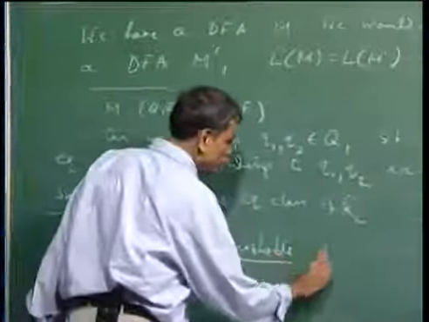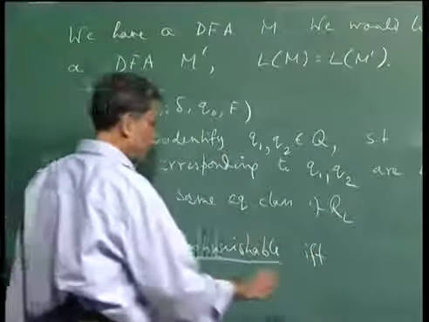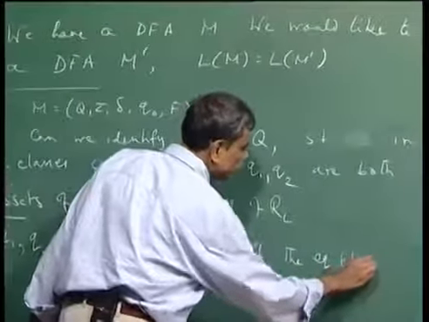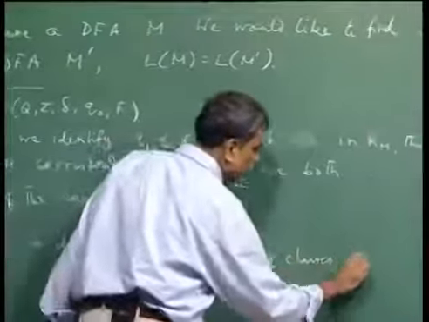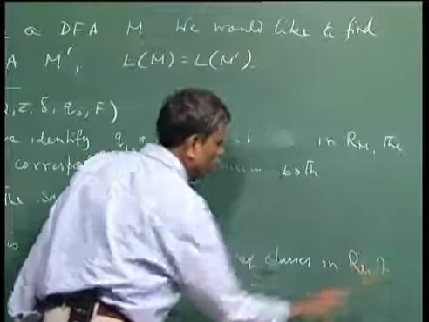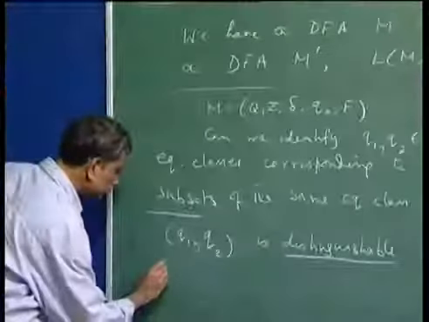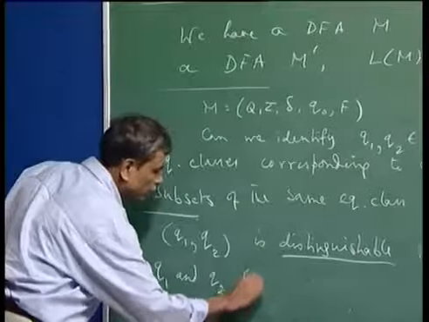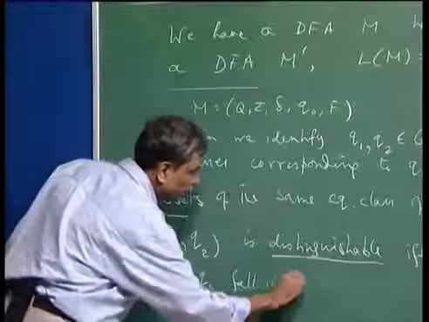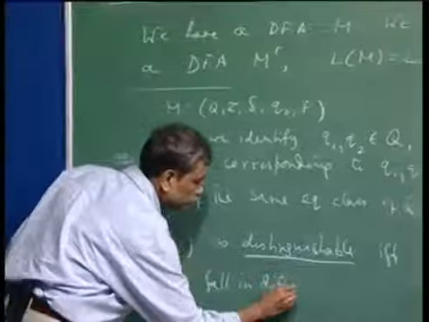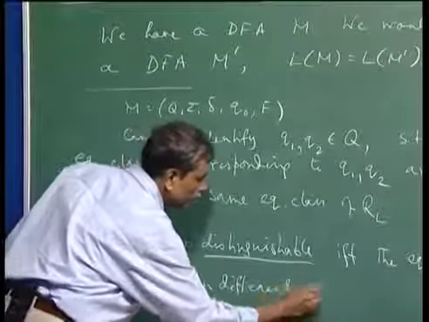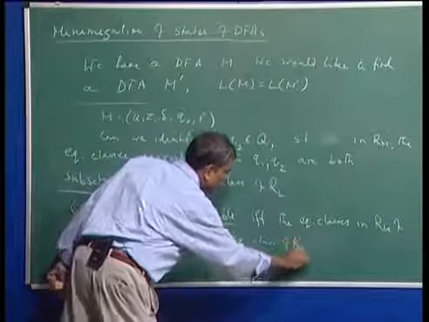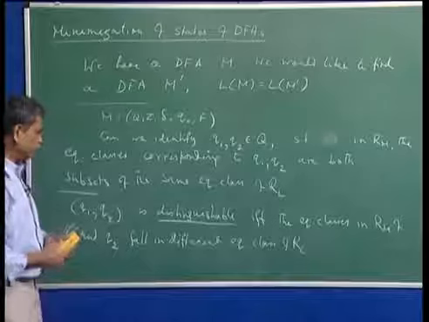So, if the equivalence classes in Rm of Q1 and Q2 fall in different equivalence classes of RL, this is the definition of the term distinguishable.